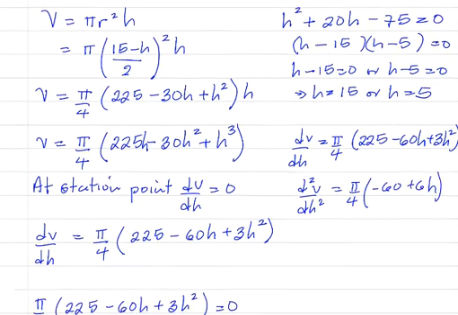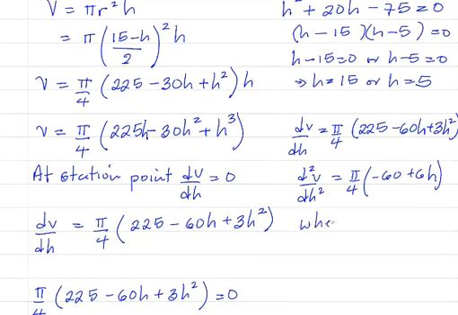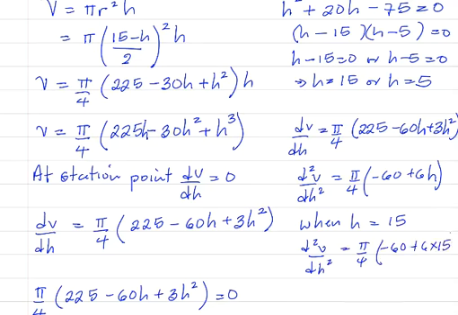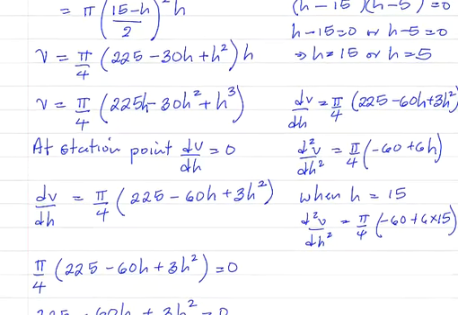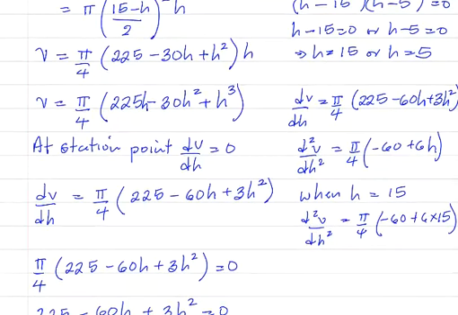When h is equal to 15, d2V by dh squared is equal to pi by 4 times minus 60 plus 6 times 15. 6 times 15 is 90, and 90 minus 60 is 30. So what we have is 30 pi over 4.